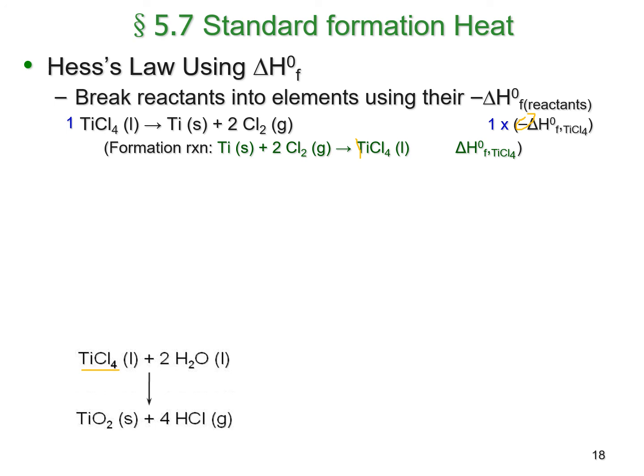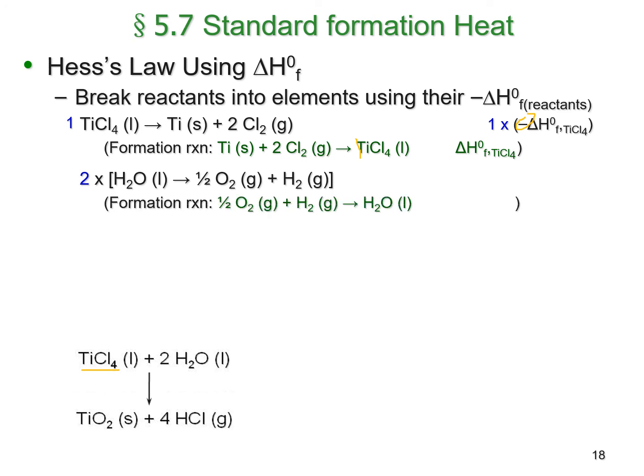We're going to do the same with 2 molecules of water. 2 molecules of water actually comes from this reaction. We simply multiply the reaction in the bracket by 2. So 1 mole of water decomposes into half a mole of oxygen and 1 mole of hydrogen.